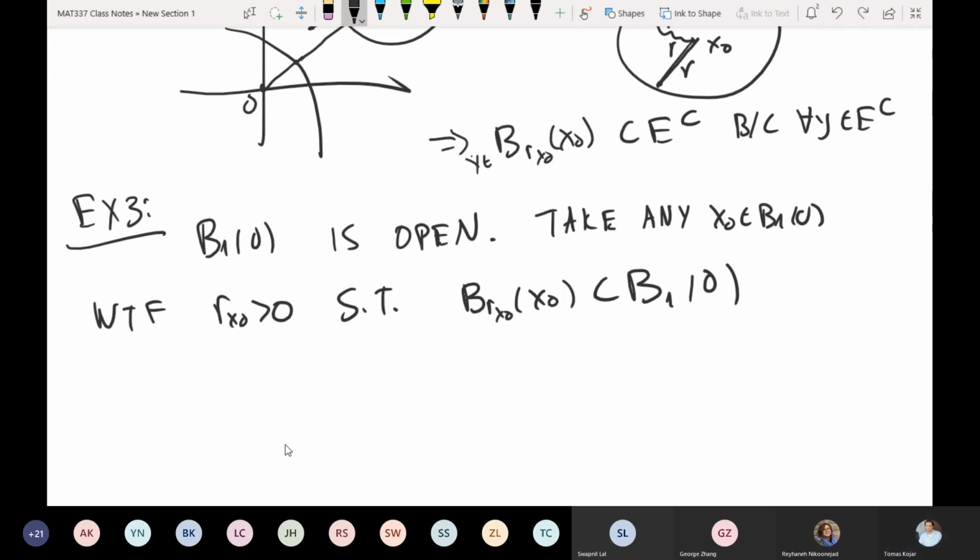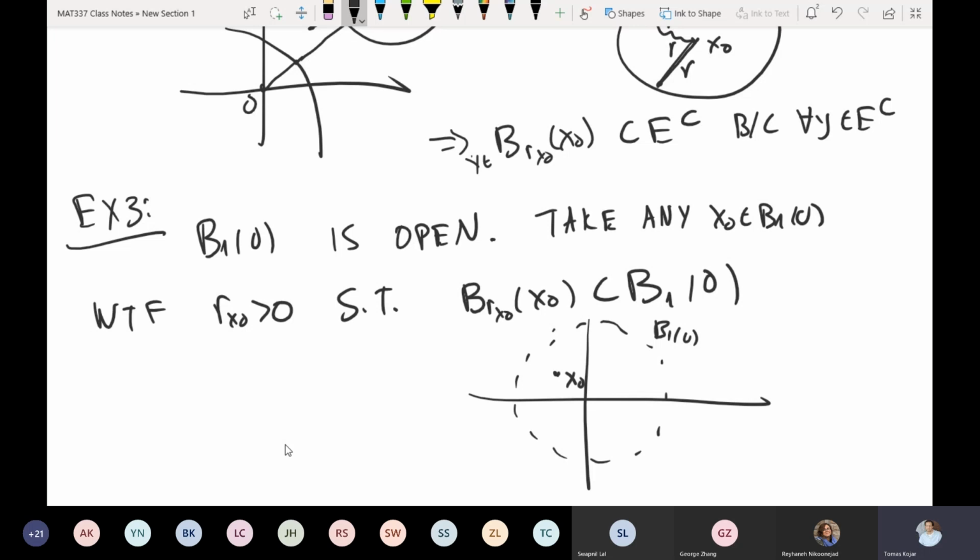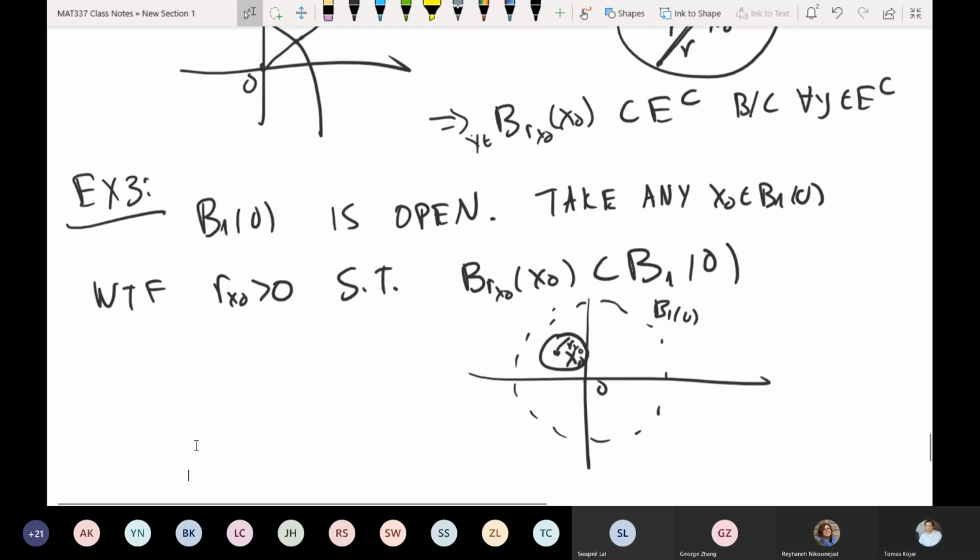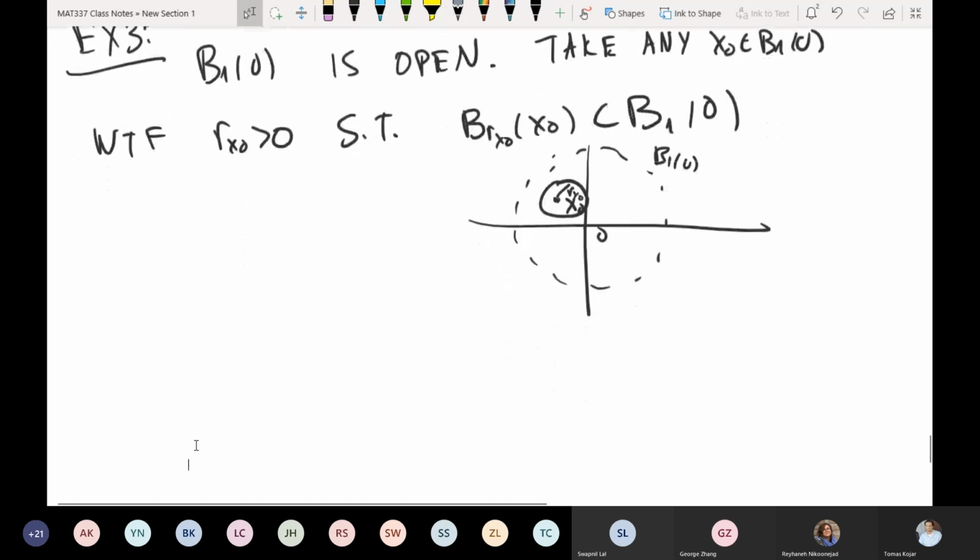So this is B_1(0). You give me a point x naught, and then we have to find a radius that makes it fully contained.